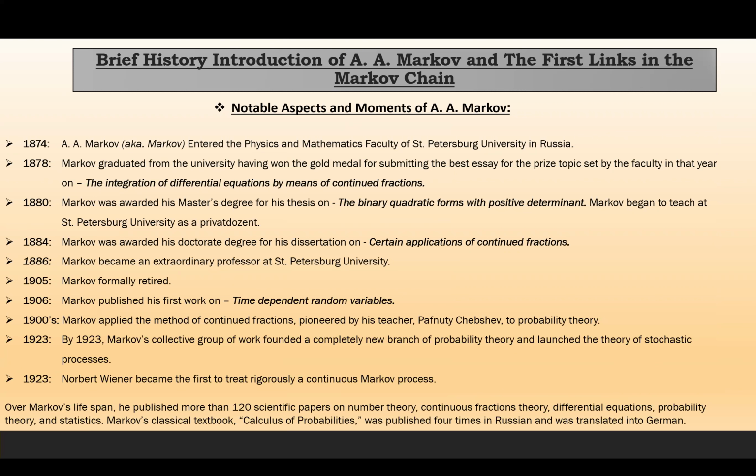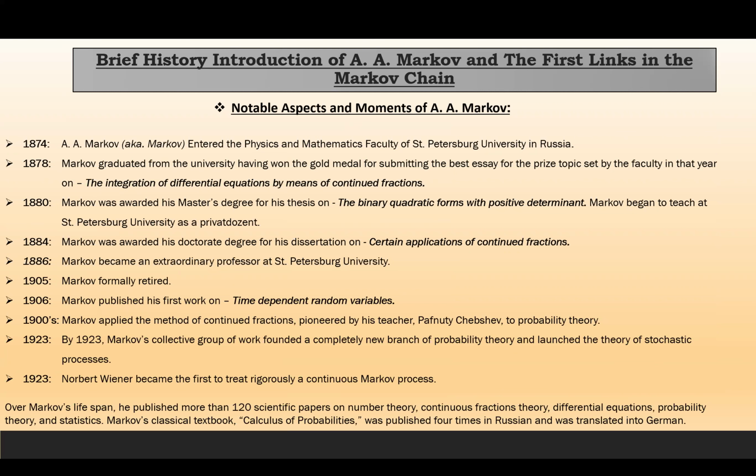Markov graduated in 1878, having won the gold medal for submitting the best essay for the prize topic set by the faculty in that year on the integration of differential equations by the means of continued fractions. He now wished to train to become a university professor and work for his master's degree over the next 2 years.